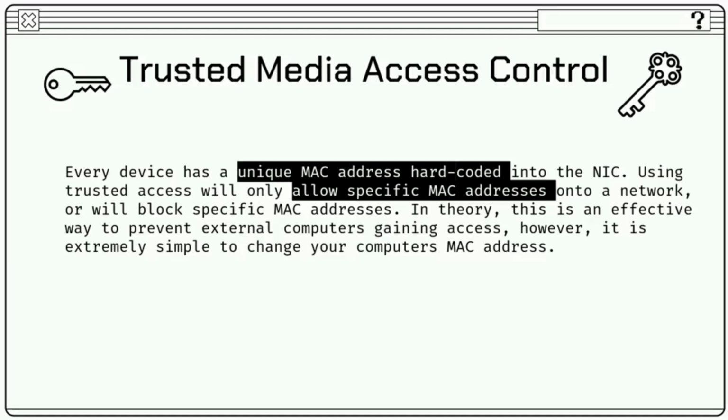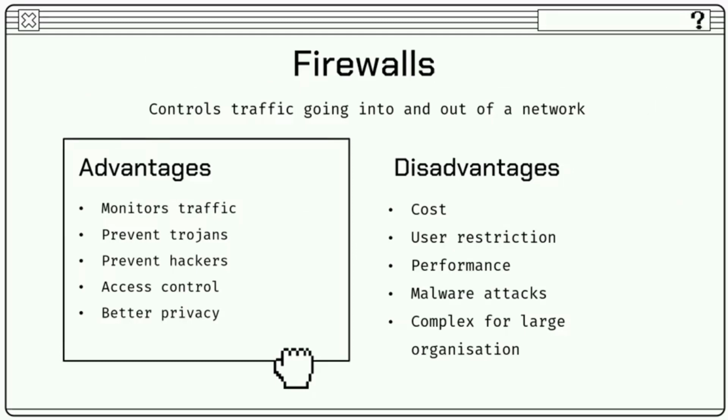In theory, this is an effective way to prevent external computers from gaining access, but normally it's very simple to change your MAC address and trick the control into thinking that you're a different computer. So in reality, it can be easily tricked.